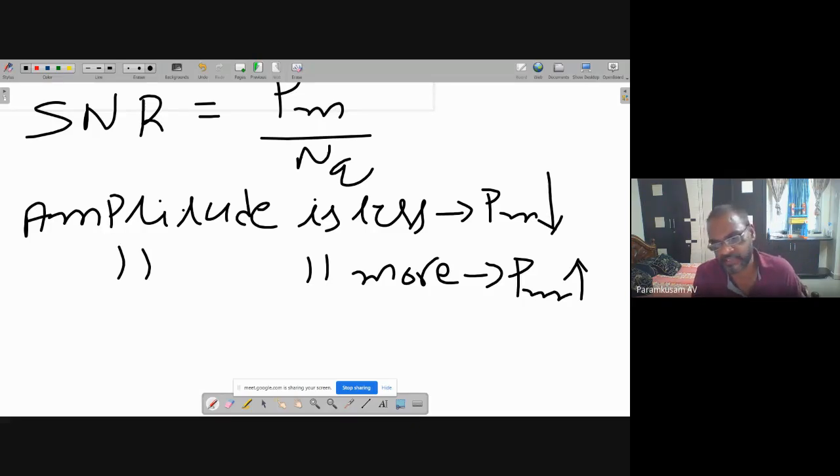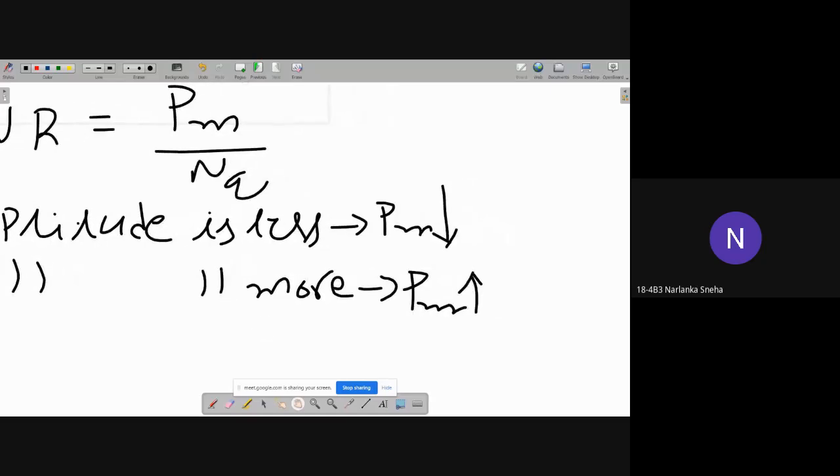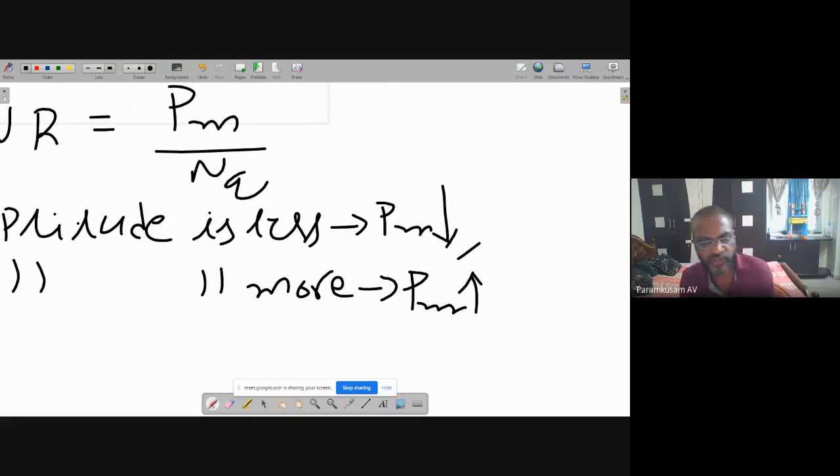వెదర్ యాంప్లిట్యూడ్ ఈస్ లెస్ ఆర్ మోర్, SNR should be fixed, constant గా ఉండాలి. SNR should be constant. What should be the changes in NQ? NQ ఎట్లా అవాలి చెప్పండి. Less than PM sir. When amplitude is less, there is no doubt that PM is less.